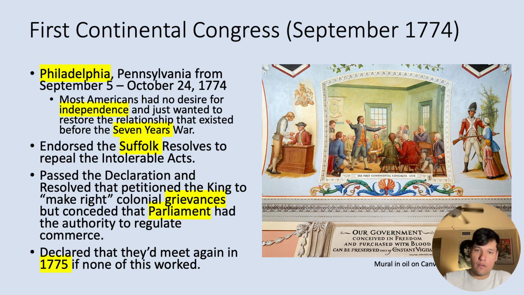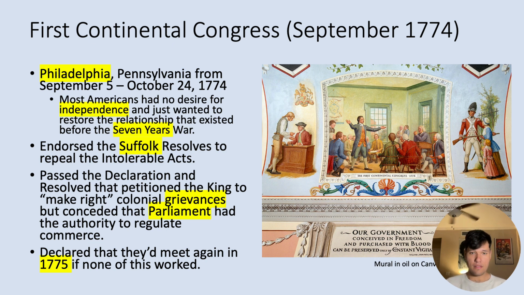They endorsed the Suffolk Resolves, which called for repeal of the Intolerable Acts. They also passed a declaration and resolves, which petitioned the king to make it right with the colonial governments, but acknowledged that Parliament had the authority to regulate commerce.